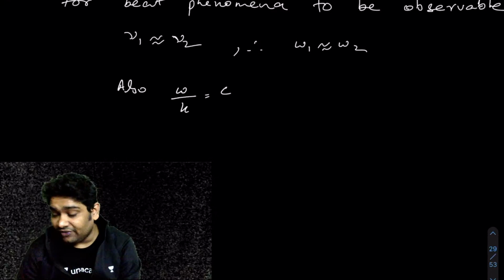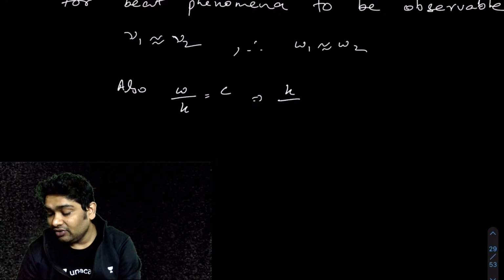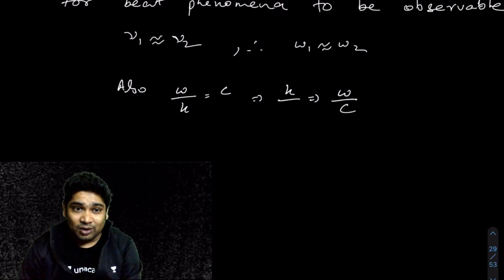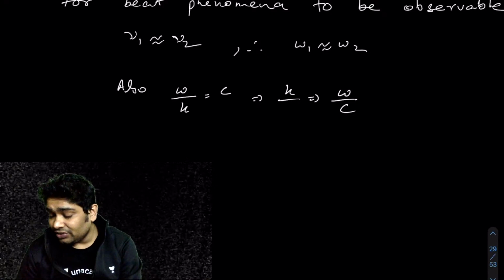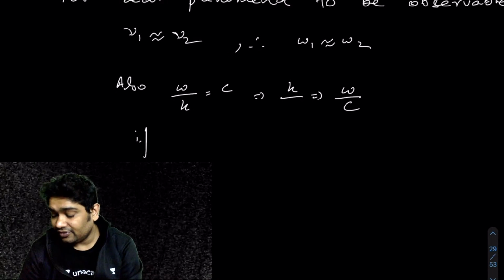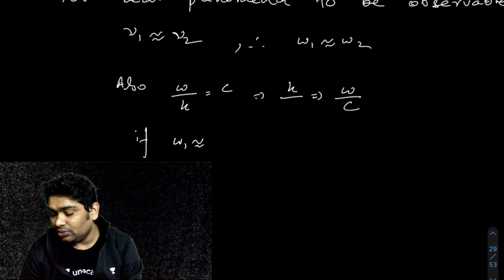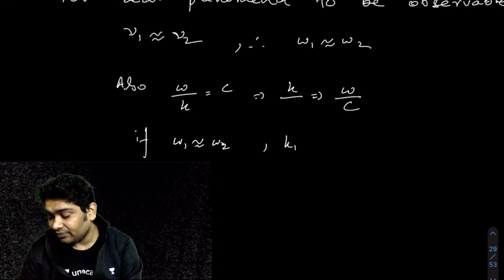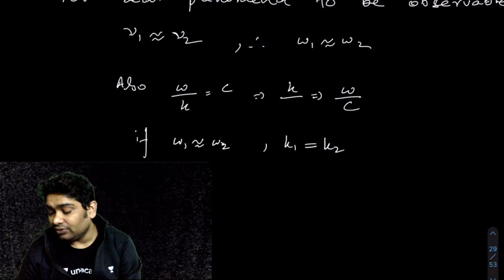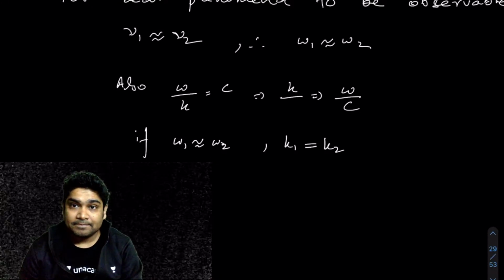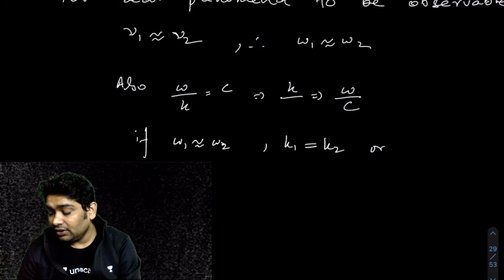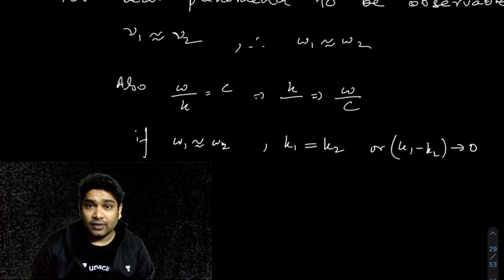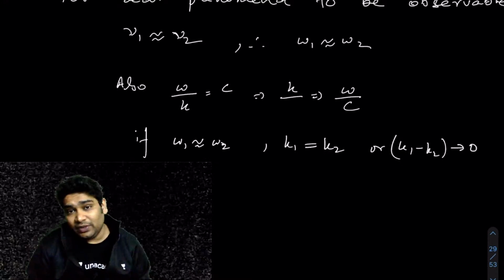Speed of sound is usually fixed, and from here k would become omega by c. Now, in air, where we are talking about most of our sound waves, if omega 1 is close to omega 2, your k1 can be considered equal to k2, or k1 minus k2 tends to 0, because your omega 1 minus omega 2 was supposed to be less than 10.